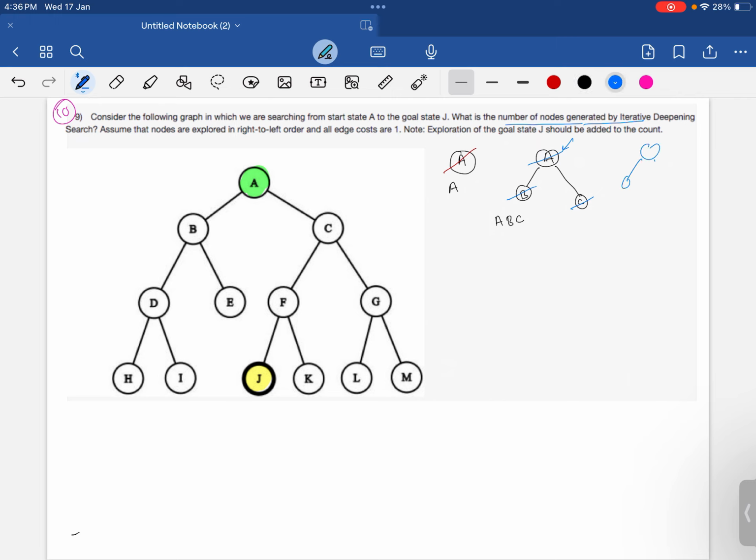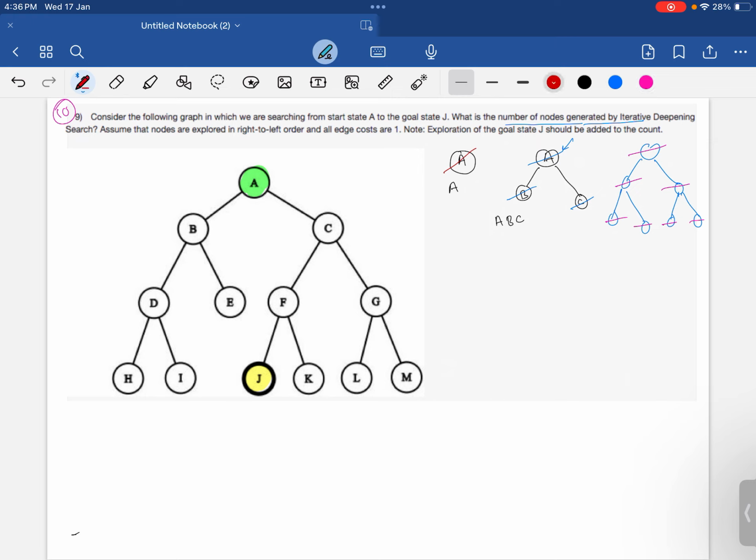After increasing the depth we will have this tree with depth 2, and none of the nodes is a goal. So anyhow we are going to explore each and every node.